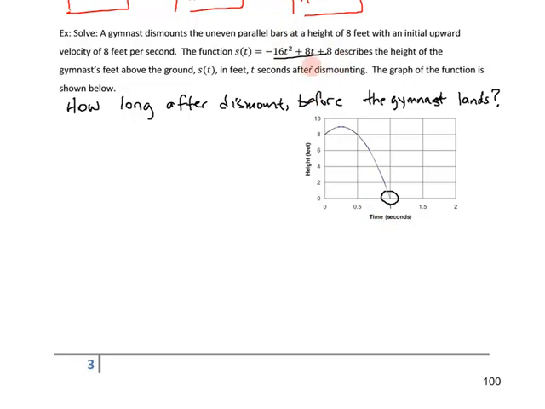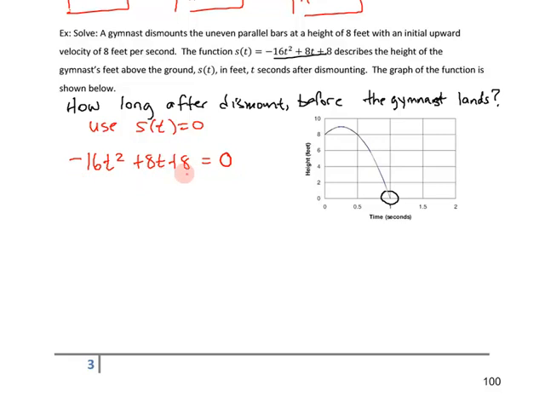Now, what is the height of the gymnast once they land on the ground? That's clearly 0. So we're going to use s of t equals 0 to solve this. So we're going to have negative 16t squared plus 8t plus 8, which is their height, that's s of t, and set that equal to 0. Notice this is now a quadratic equation, one that we need to solve by factoring.